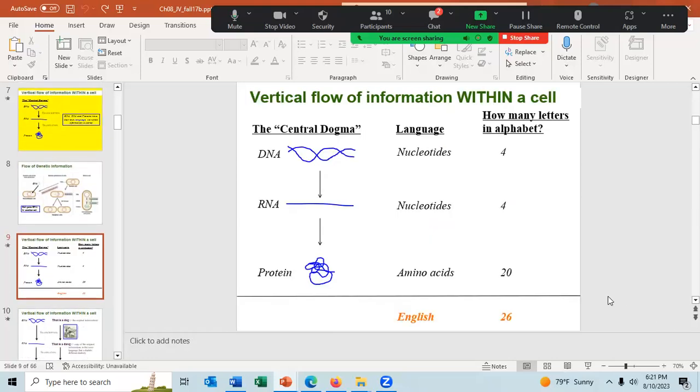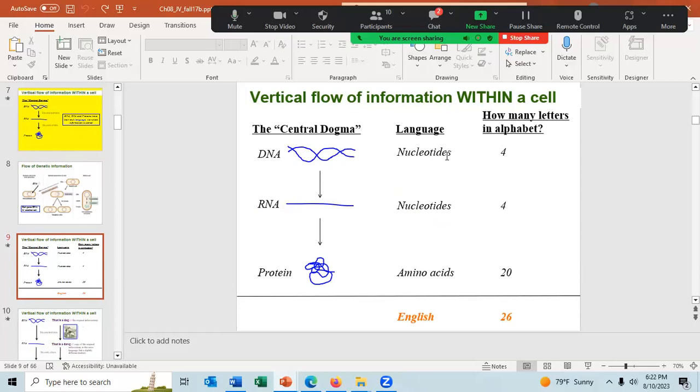When we're talking about the vertical flow of information, where information flows within a cell from DNA to RNA to protein, the information is stored in a language of DNA that we call nucleotides. And there are 4 different nucleotides in the alphabet of the language of DNA.